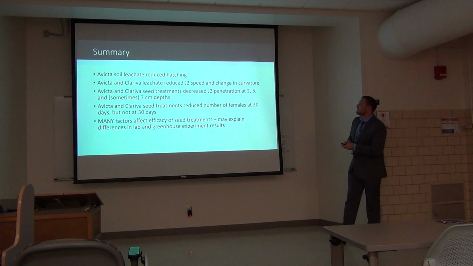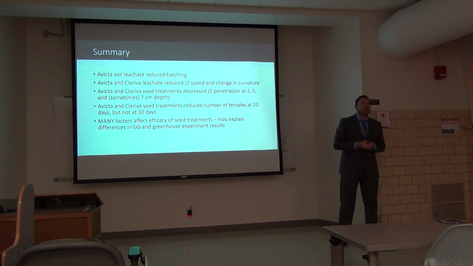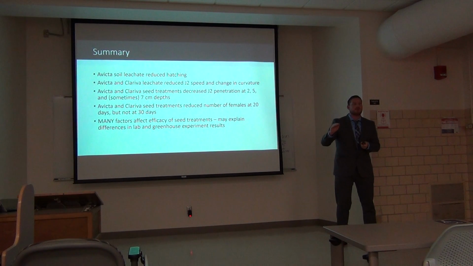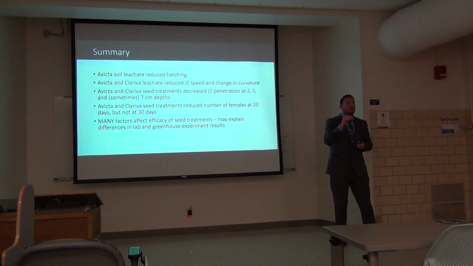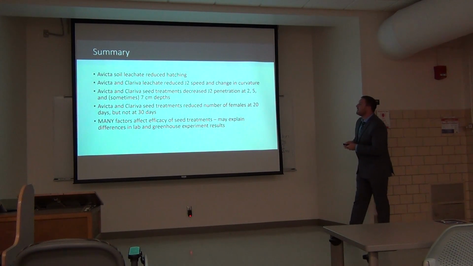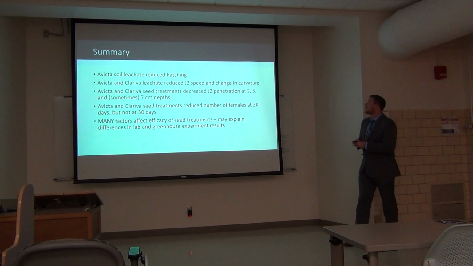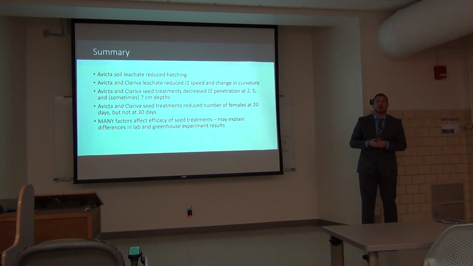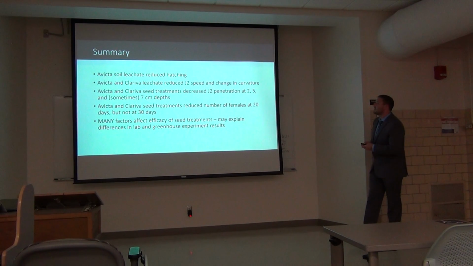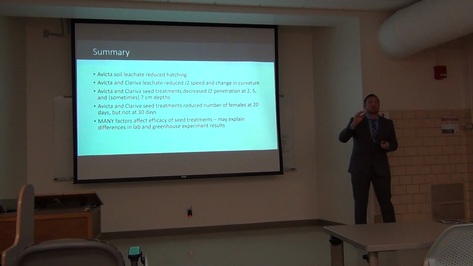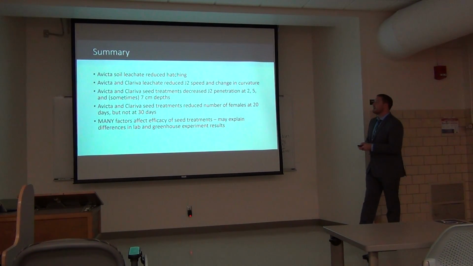So to summarize everything, the Avicta soil leachate reduced nematode hatch. We don't expect to see Cleriva reduce nematode hatch because Cleriva doesn't affect eggs. It only affects the nematodes within the roots. Avicta and Cleriva leachate reduced juvenile speed and change in curvature. Avicta and Cleriva seed treatments decreased juvenile penetration at 2, 5, sometimes 7 centimeters, especially with Cleriva.